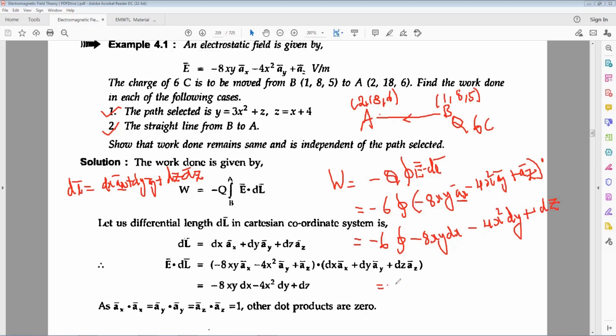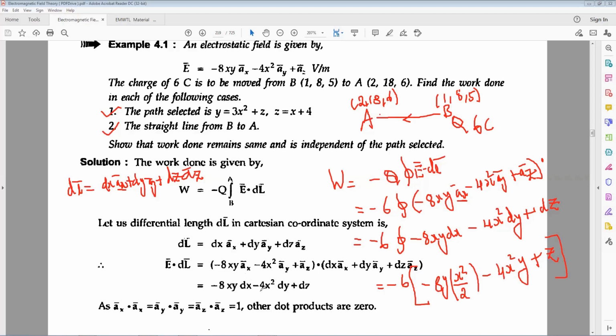Minus 6 into minus 8y, x square by 2, and minus 4x square, the integral of dy is y, plus integral dz, nothing but z.